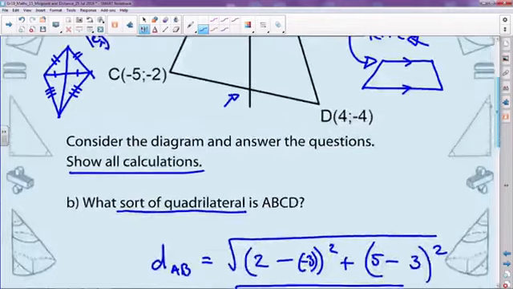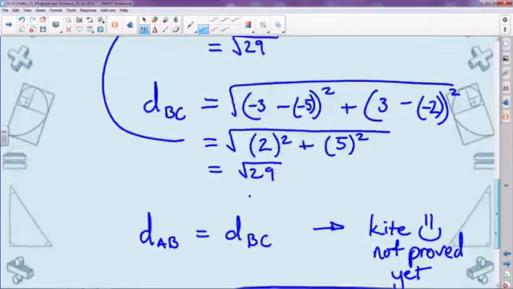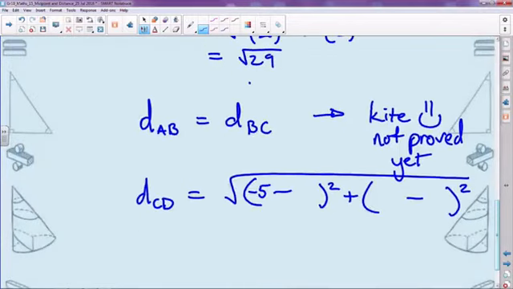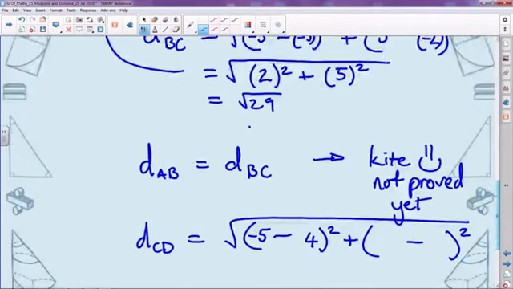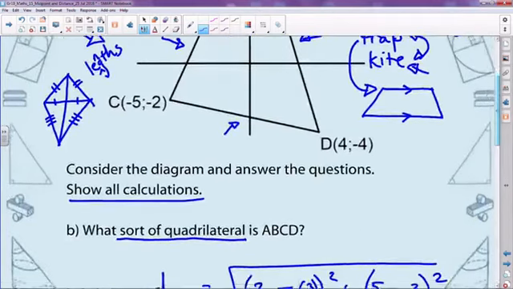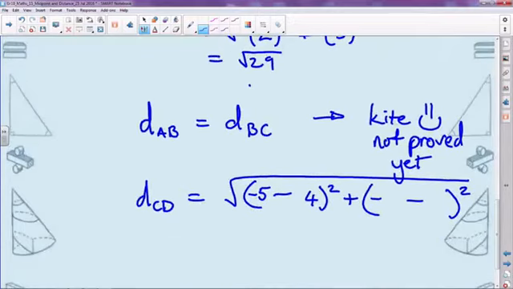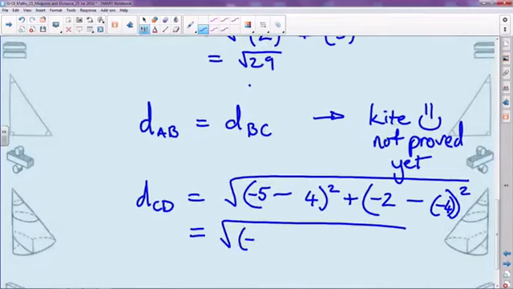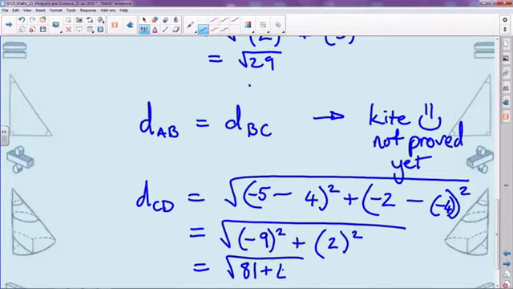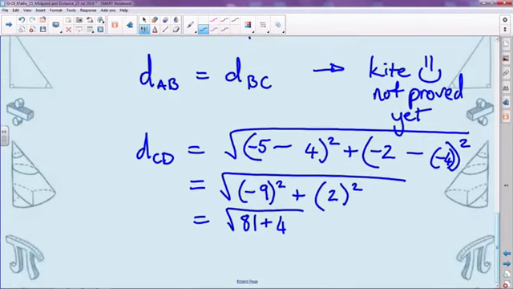CD, negative 5 and 4, and then we have negative 2 and negative 4. And that's going to give us negative 9 squared plus 2 squared, which is of course 81 plus 4, so it's the square root of 85.